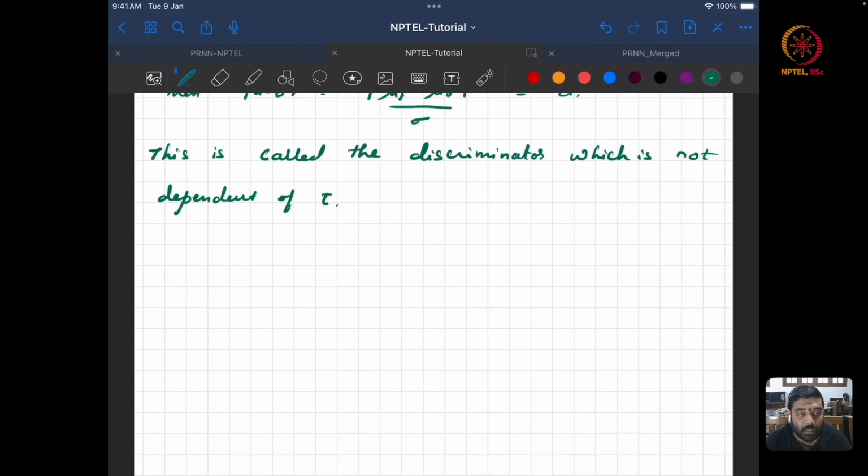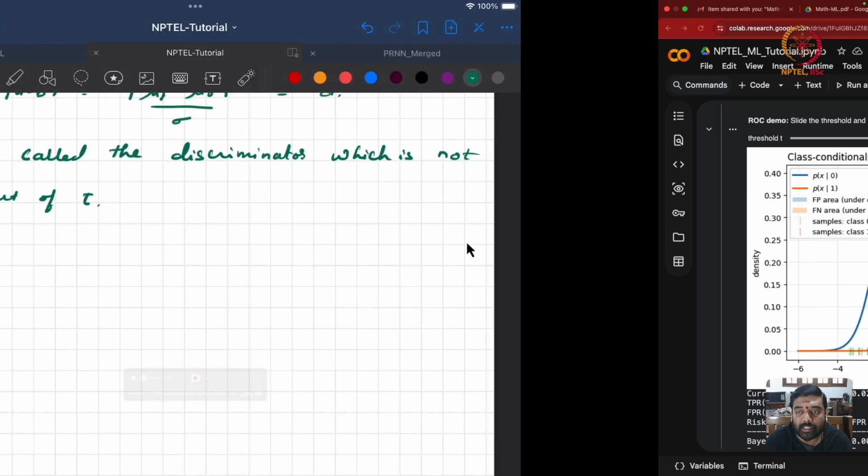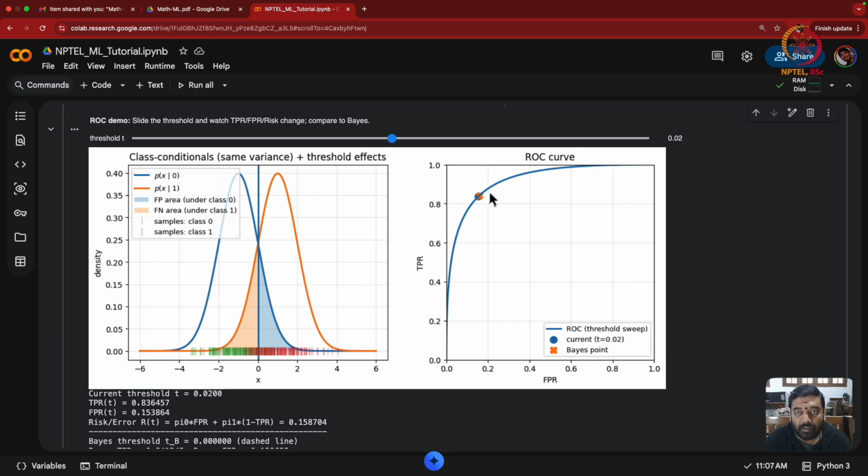Okay, so now for any given tau, we can also get the actual error probability, and we can tweak this tau to match the Bayes error. That's what we actually did.